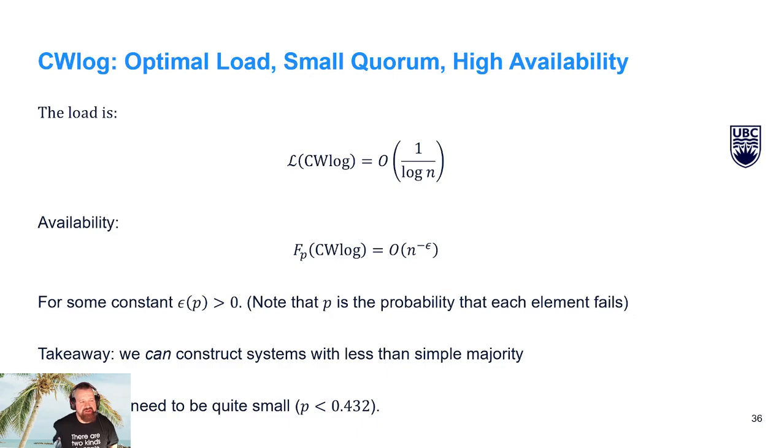So the load of the CW log system is proportional to 1 over log n, where n is the total number of nodes. So availability then in this system is proportional to n, the number of nodes, to the negative of this value epsilon, and epsilon in this case is the probability that something's going to go wrong.